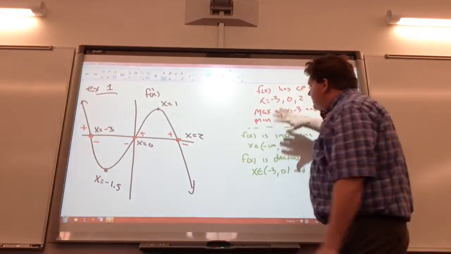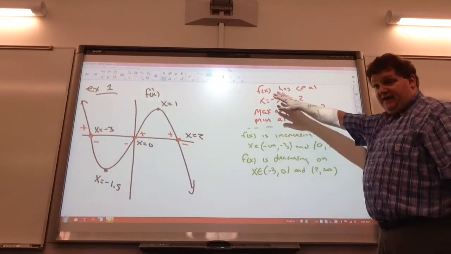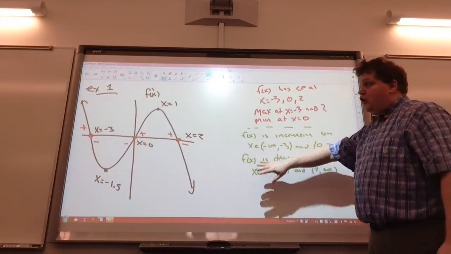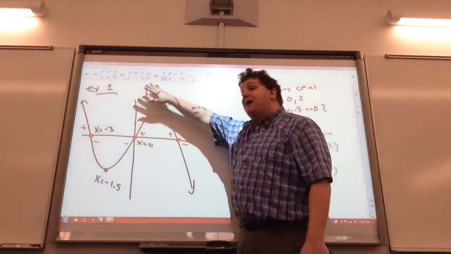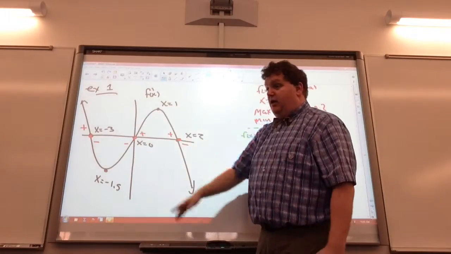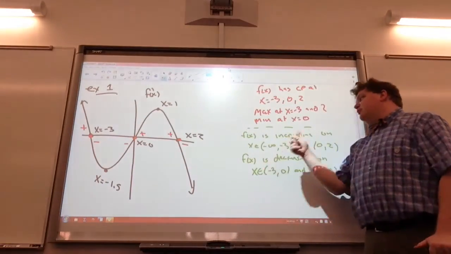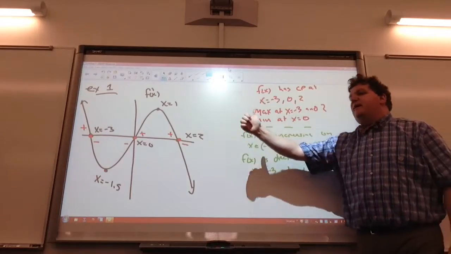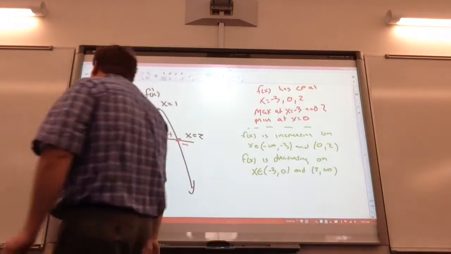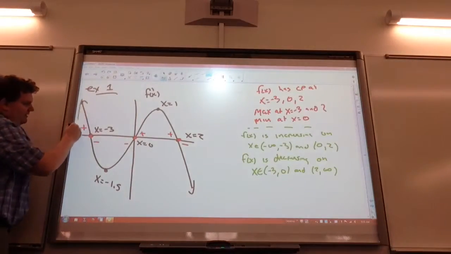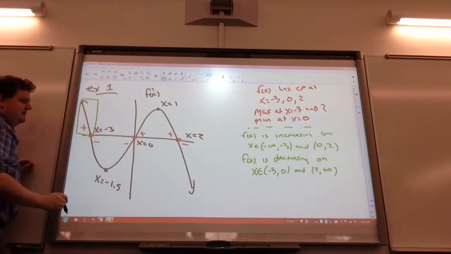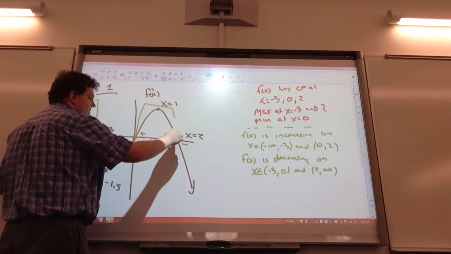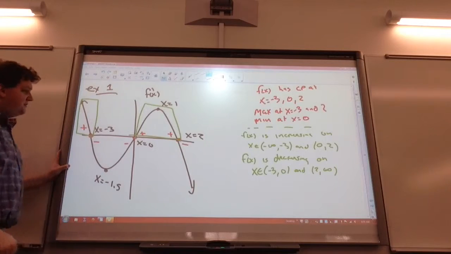So, remember, this is all information for f of x. This is a picture of f prime of x. So, f of x is increasing when f prime of x is positive. Well, where is f prime of x positive? On that zone right there, and on this zone right here. That's where f prime of x is positive.